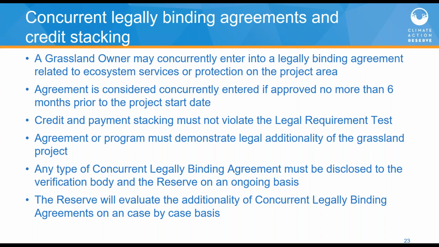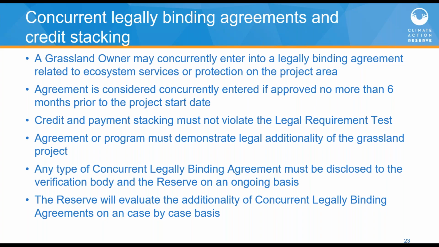Now, what we do see is sometimes with those programs, you wouldn't be able to get into them after, because you've already got a conservation easement on the land, and so you wouldn't be eligible for that program. You can do it what we call concurrently. So if you've got one land conservation agreement that gets you in as a carbon project and perhaps also gets you into some other program for crediting habitat protection or something like that, that may be allowable. There also may be what we call activity-based credits.